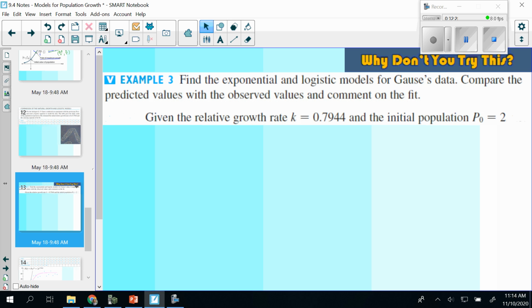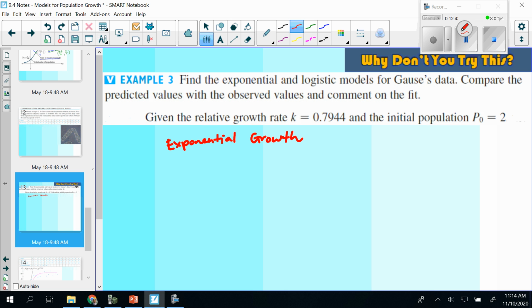So we got that little k. We also have the initial population being 2. So if we were using exponential growth, that's our PERT equation here. So it would be population would equal our P, or our initial population, times e to the rt, where this is the amount after the amount of time, where r is the rate, or in this case, it looks like we're using little k for this, same thing.